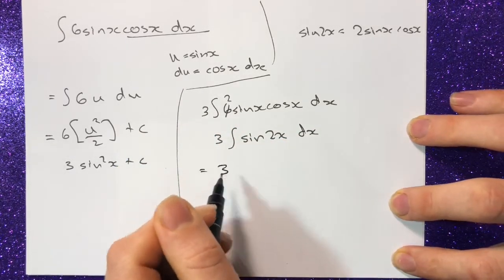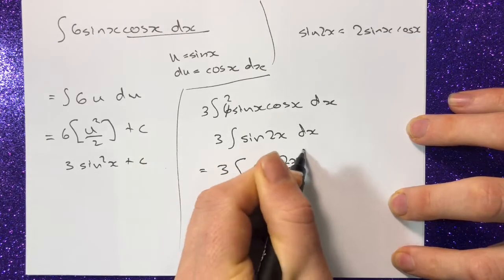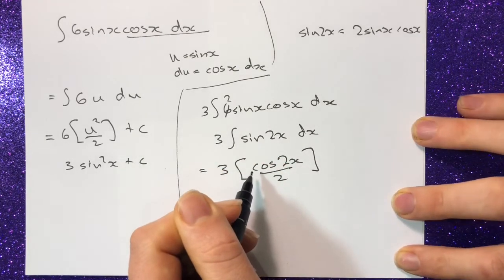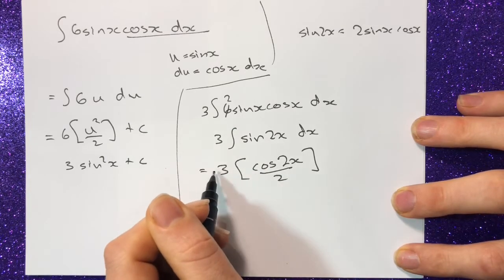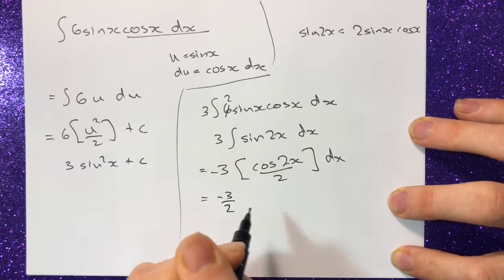So this one would be 3 lots of cos 2x on 2. Now cos 2x derives to minus sine, so I'd need a negative to balance that. So I'll keep my minus 3 on 2 out the front.